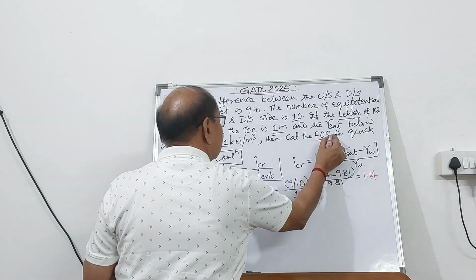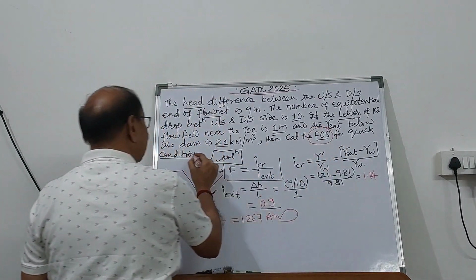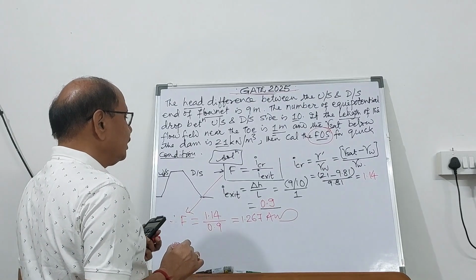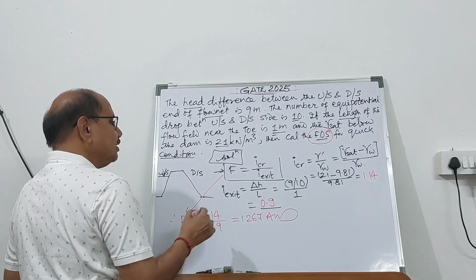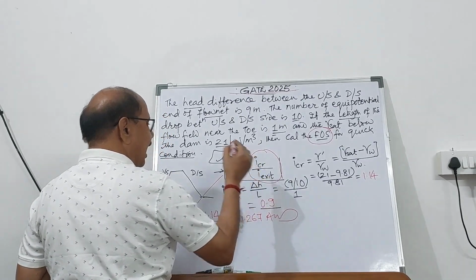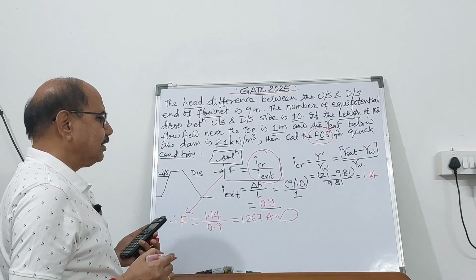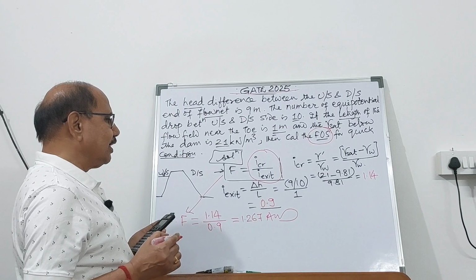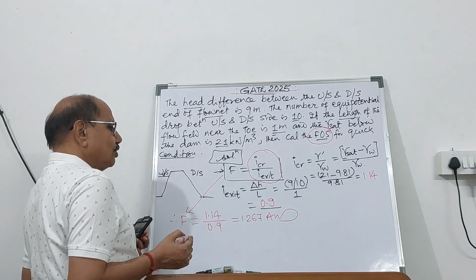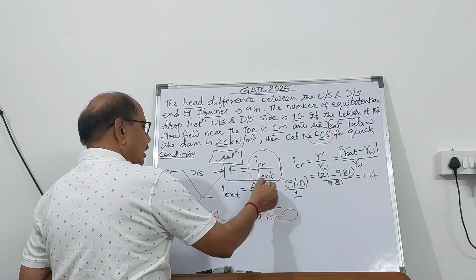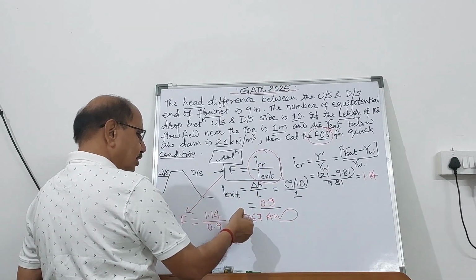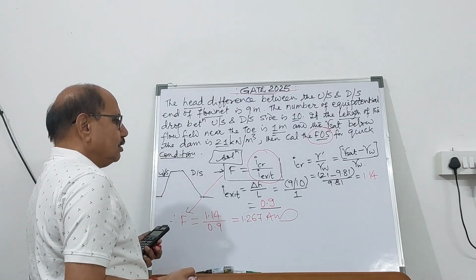So calculate the factor of safety for quick condition. For this quick condition, the factor of safety is the critical hydraulic gradient divided by the actual hydraulic gradient, the exit hydraulic gradient. And always the actual hydraulic gradient should be less, then only the factor of safety will be greater than 1.